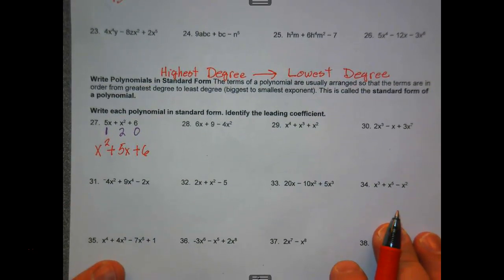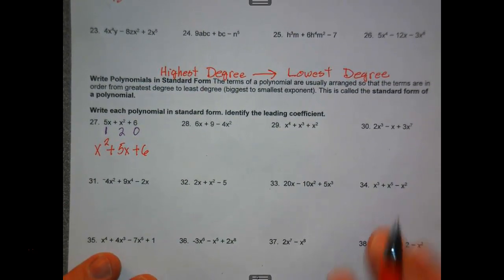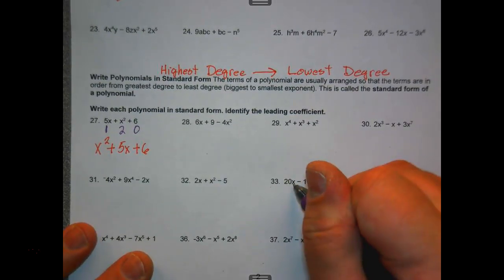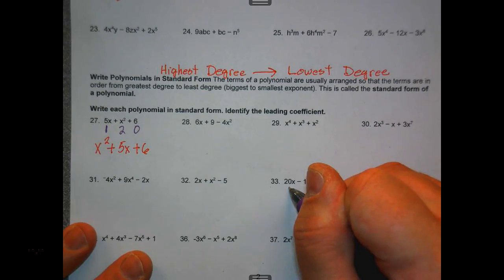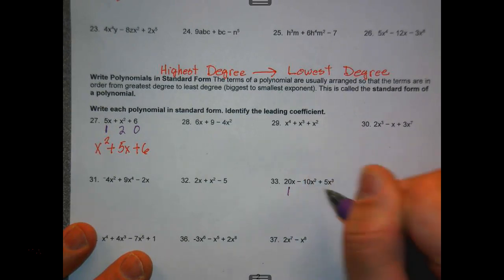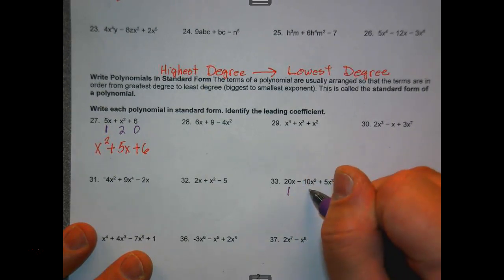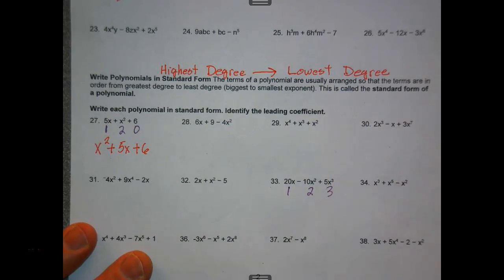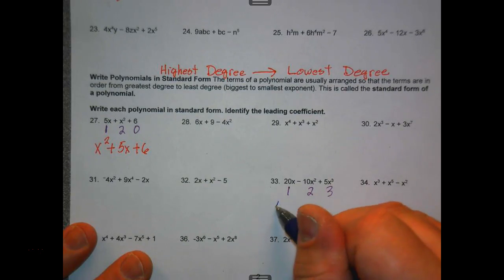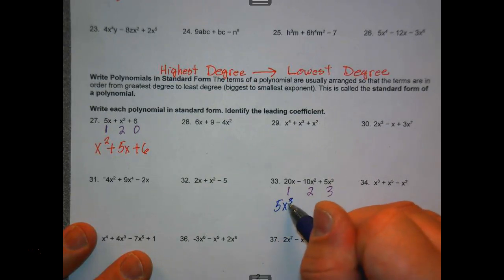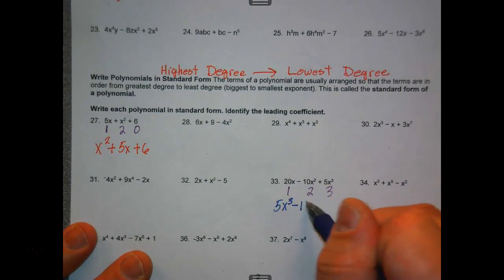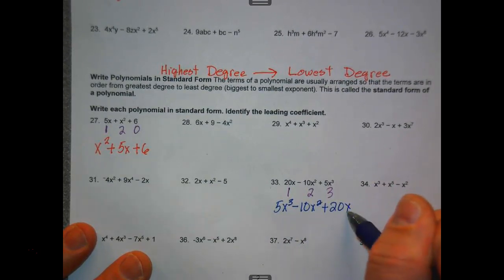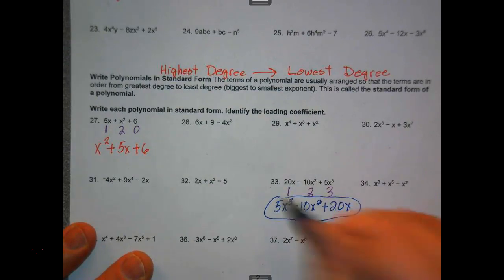How about 33? What's the degree of 20x? 1. 10x squared, x cubed. So my highest degree is 5x cubed minus 10x squared plus 20x.